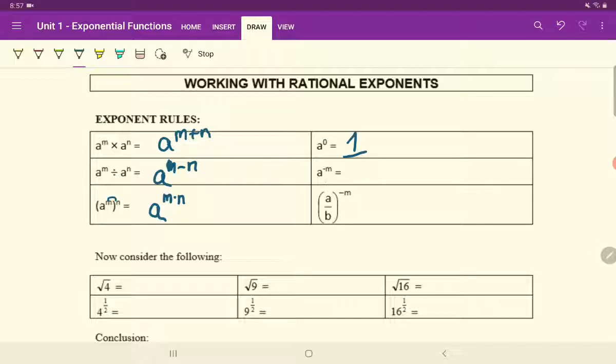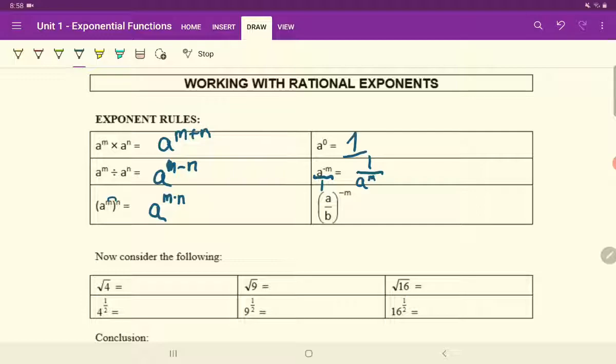If you have a base to the power of a negative variable or a negative number, you just have to remember that you flip that. So remember that this is over 1 and that you would be flipping it to turn that m into a positive exponent. So it becomes 1 over a to the power of m.